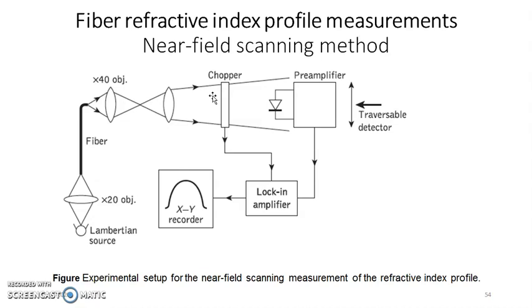So the field propagates, and it receives amplification and phase sensitive information through the lock-in amplifier and the chopper. That is why the refractive index profile for a given fiber can be recorded directly on the XY recorder.